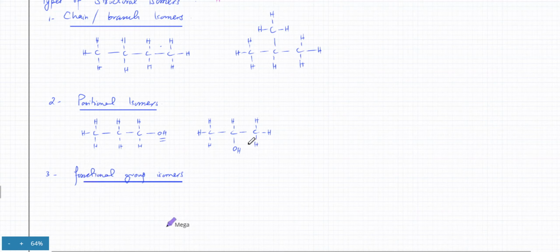Functional group isomer is, okay, you're going to have ketones and aldehydes. This one is an aldehyde. Okay, the double bond O is right at the end. Now what I can do is if I bring the double bond O in the middle, then it's a ketone.